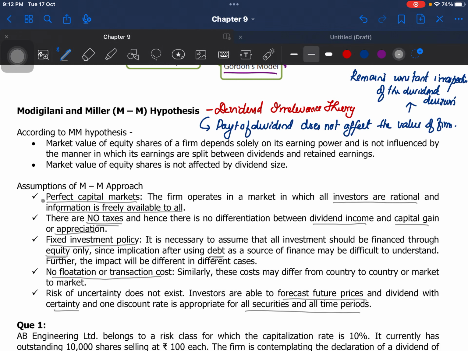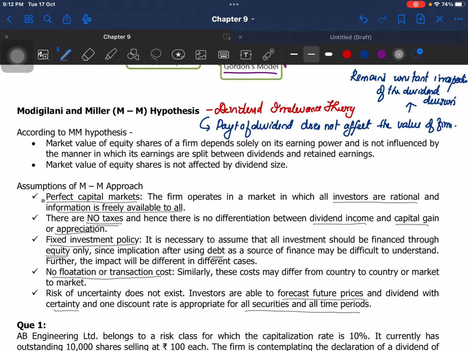So there is no uncertainty about the payment of dividends in future, because investors know the company will pay this much dividend at the end of the first year, second year, and so on. Even for discounting purposes, we use the cost of equity, Ke, and the discounting factor is constant, with no variation. That is another assumption.